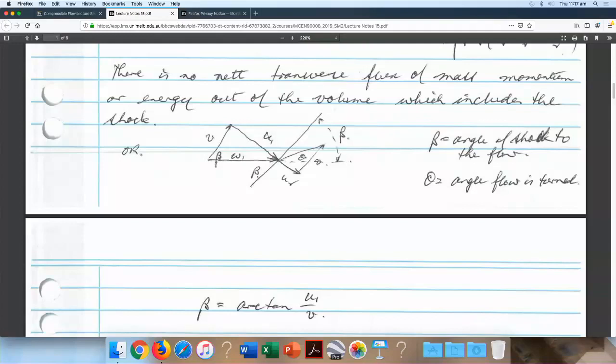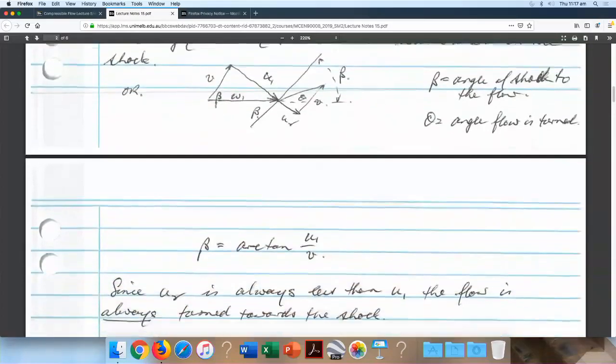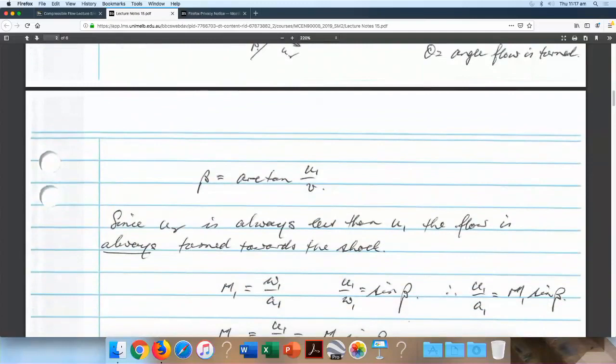So get that picture in your head. W1 times the sine of beta is U1, or U1 over W1 is the sine of beta. Therefore, U1 over A1 is W1 over A1 times sine of beta, and that's M1 sine of beta.